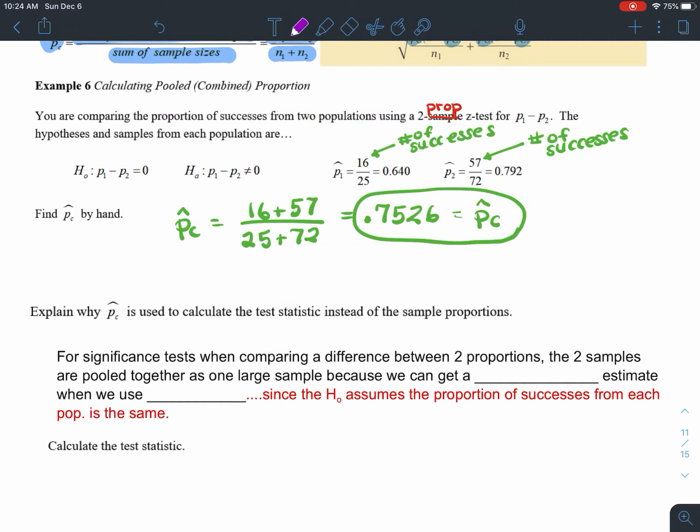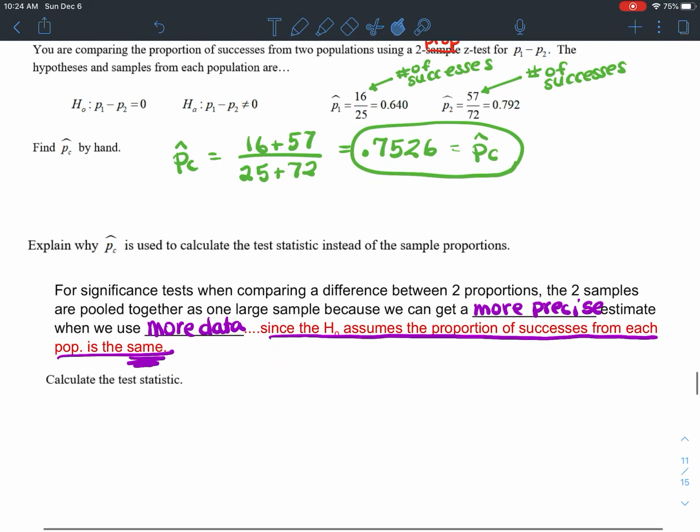Now again, for these significance tests, when we're comparing a difference between 2 proportions, the 2 samples are pooled together as one large sample because we can get a more precise estimate when we are using more data. And the reason we're allowed to combine those is since the null hypothesis is assuming that the proportion of successes from each population is the same.